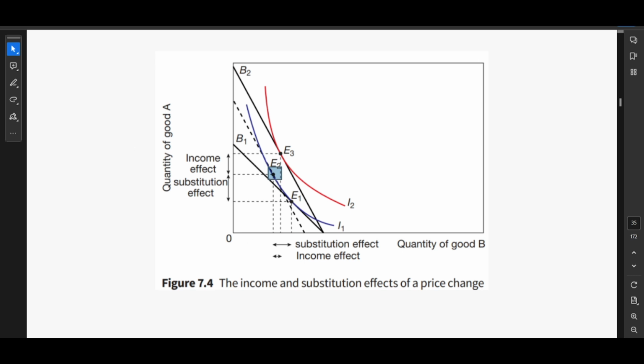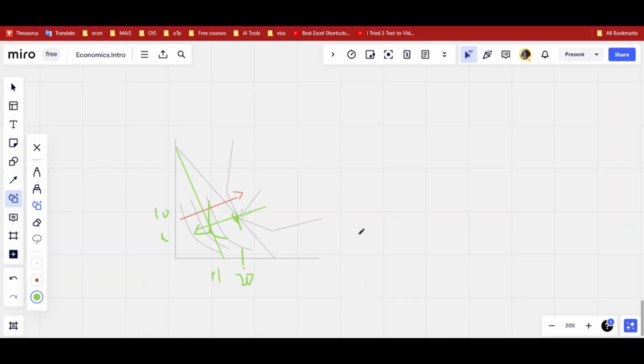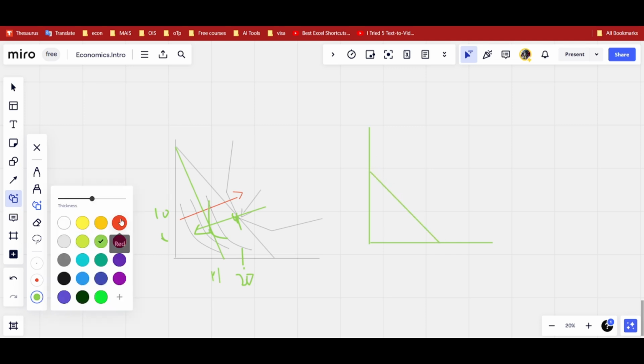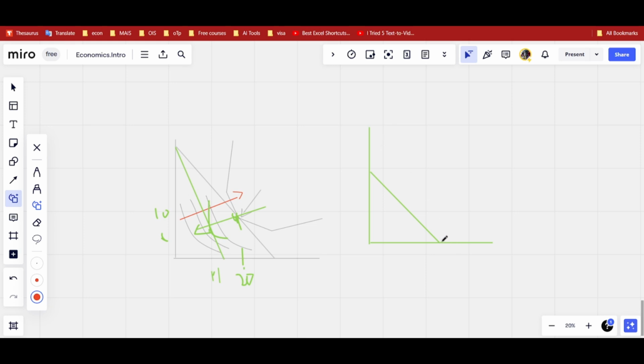So how do we find the point where the consumer is going to buy this new product? There are two things we need to take into consideration. So how do we find the substitution effect? This is what we have, right? We have our initial budget curve here. We have our new budget curve.